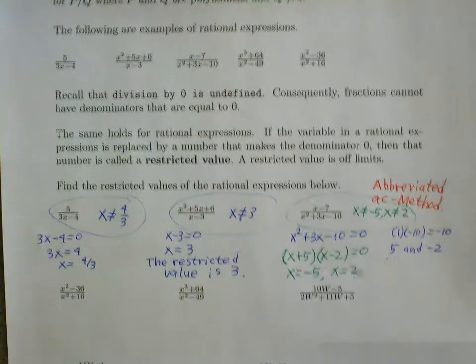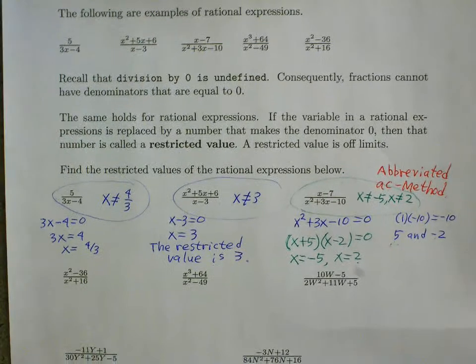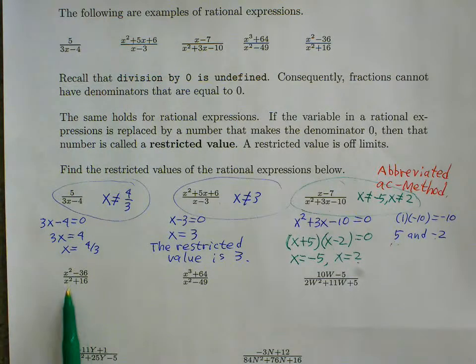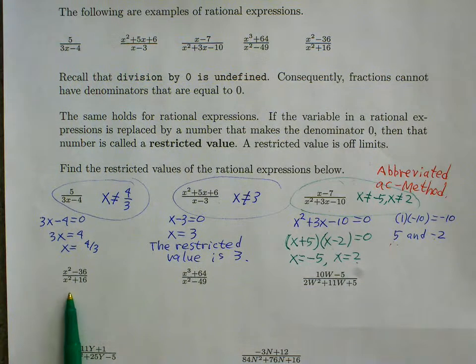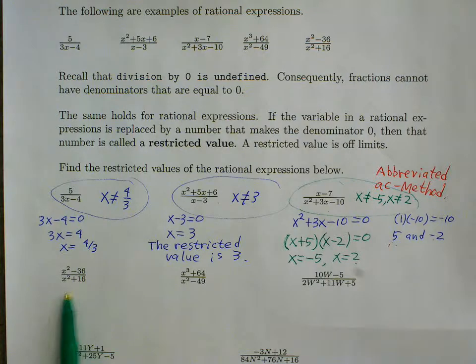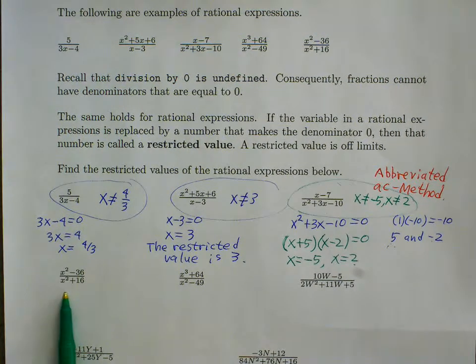Okay, the next example, we have x to the second minus 36 divided by x squared plus 16. So I'll give you a few seconds. Find the restricted values for this one.